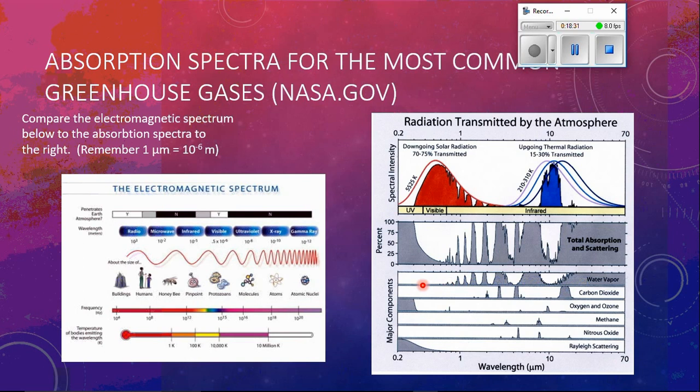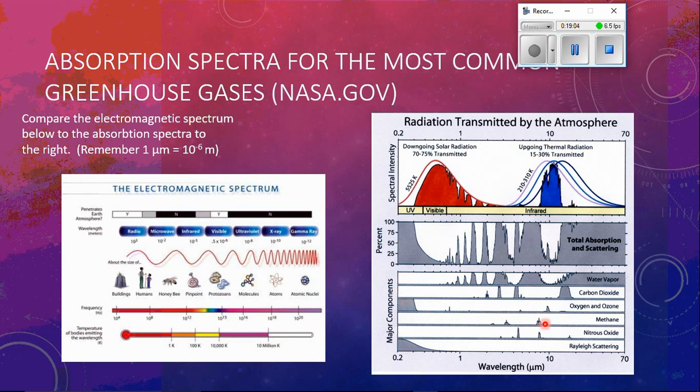No real UV is actually absorbed or emitted by water vapor. Carbon dioxide, same way. The majority of the absorbed and emitted energy is infrared. Oxygen and ozone, notice over here, the majority of the electromagnetic energy is in the UV. And that, again, is why ozone is there to protect us from the harmful rays of the sun.